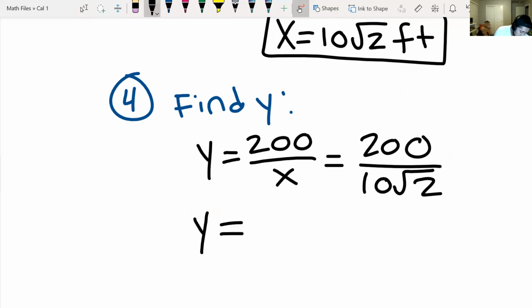And 200 over 10 square root 2 is 14.14. Or again, 10 square root 2 feet.